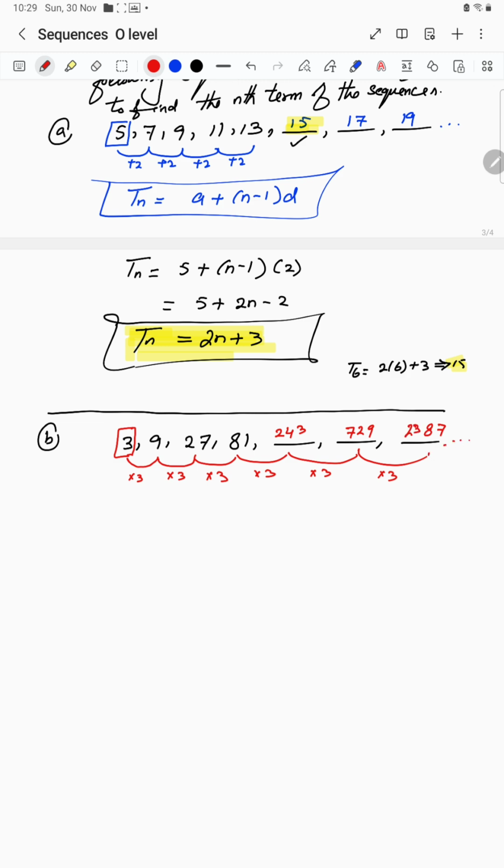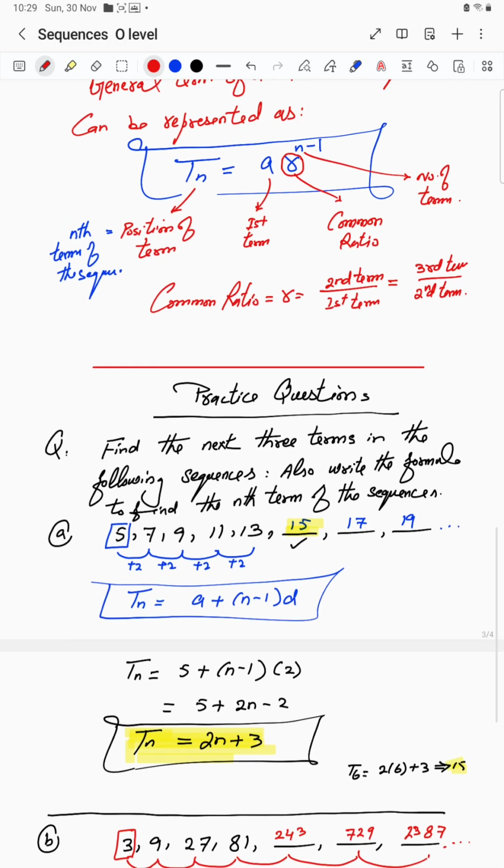This way, each term is multiplied by 3 to get the successive term. So this is the pattern related to the geometric progression.